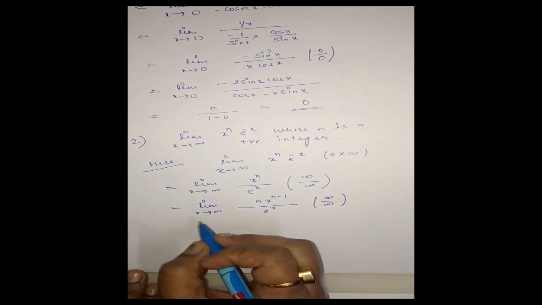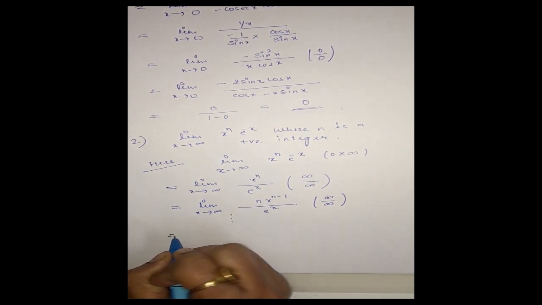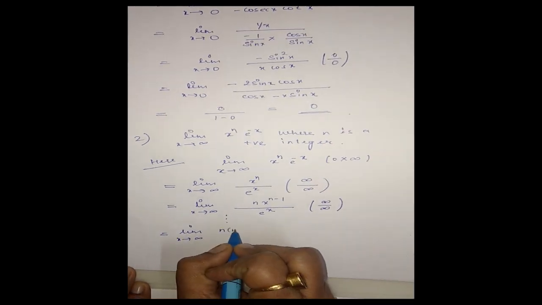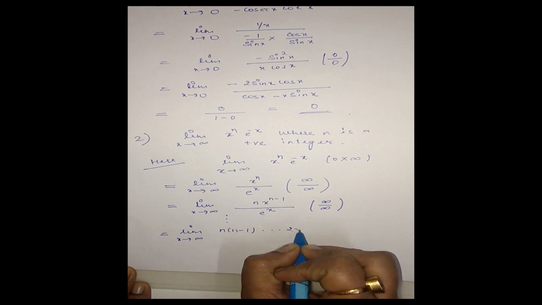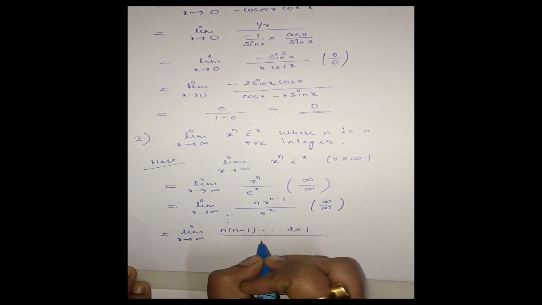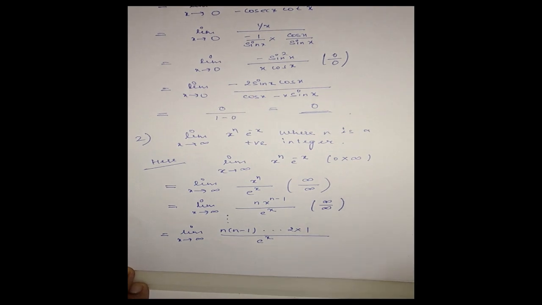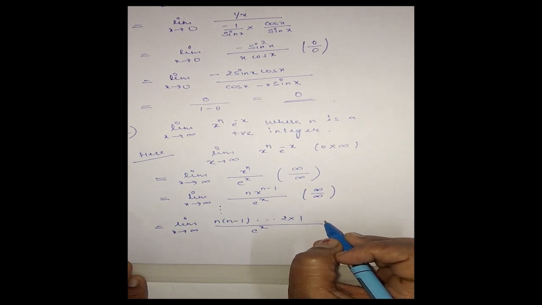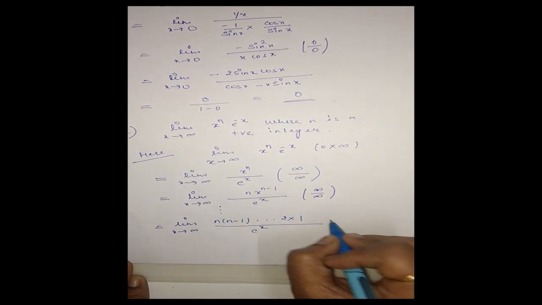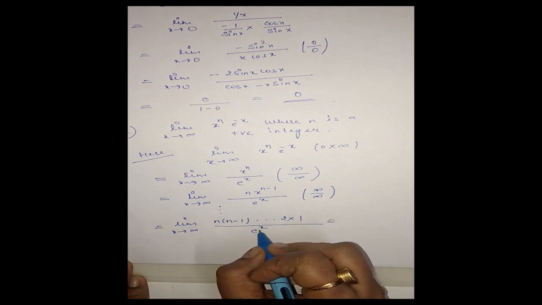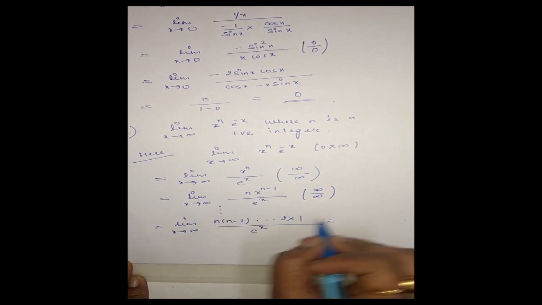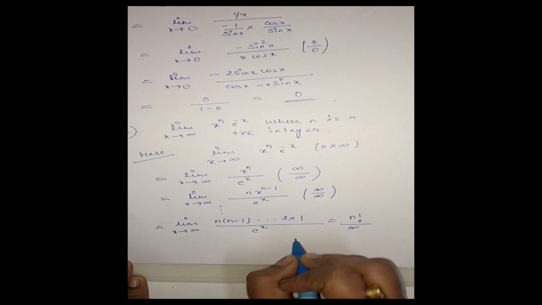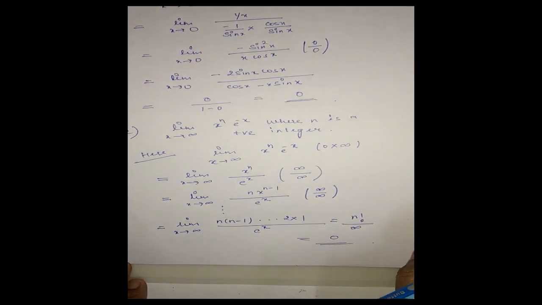Now we can write this as limit x tending to infinity n into n minus 1 up to 2 cross 1 divided by, here derivative of e power x is e power x only. Now differentiating n minus 1 times here. Taking x to be infinity, the denominator will be infinity, and in the numerator we have n factorial. That means n factorial divided by infinity, that is 0. Okay. Clear?